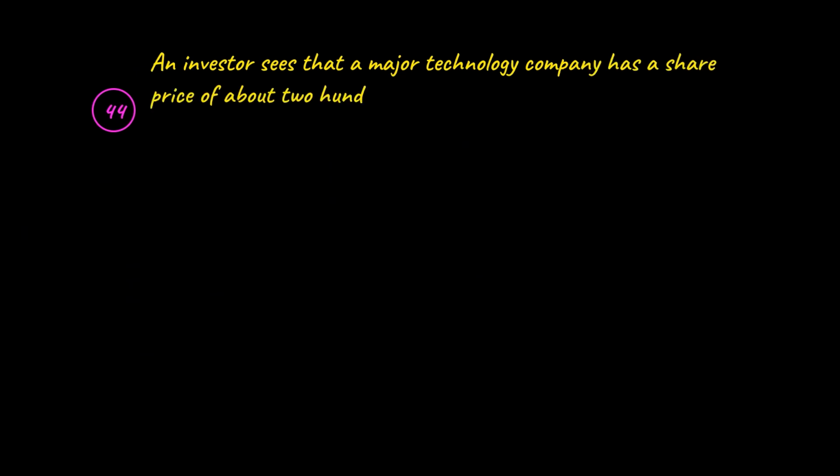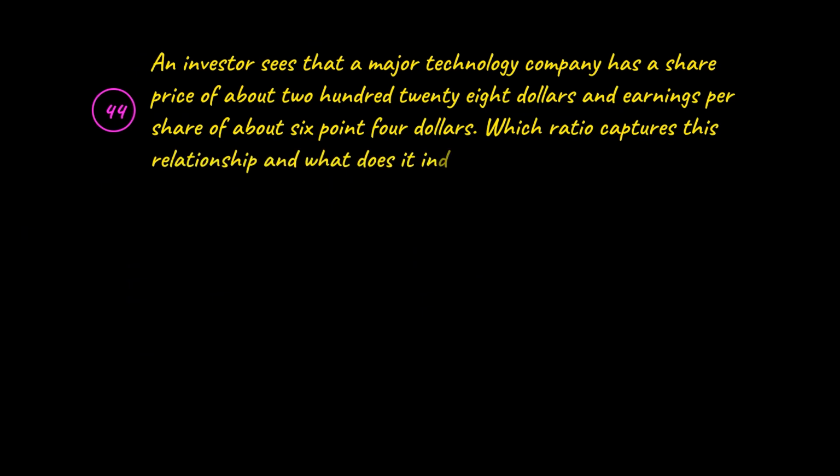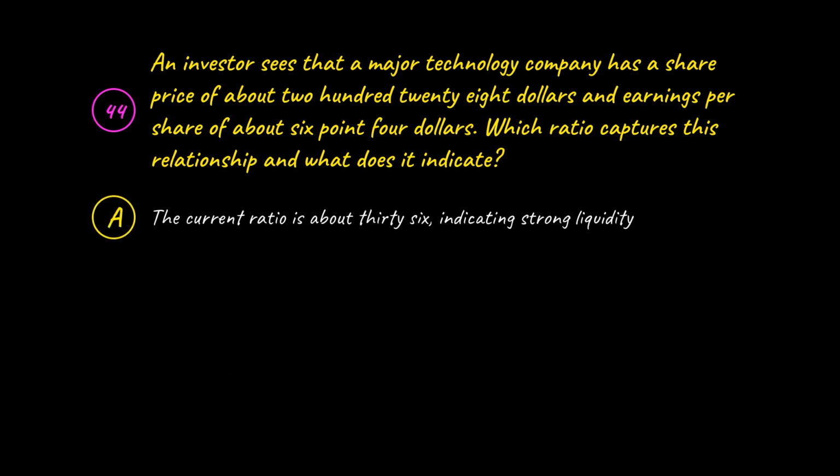Question 44. An investor sees that a major technology company has a share price of about $228 and earnings per share of about $6.4. Which ratio captures this relationship and what does it indicate? Your options are: A. The current ratio is about 36, indicating strong liquidity.